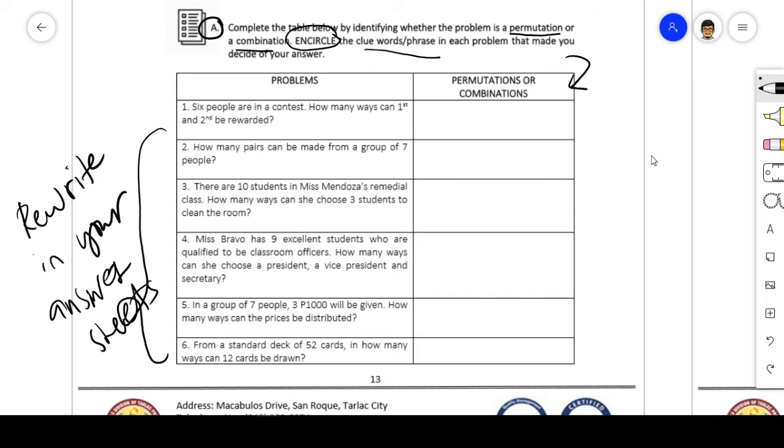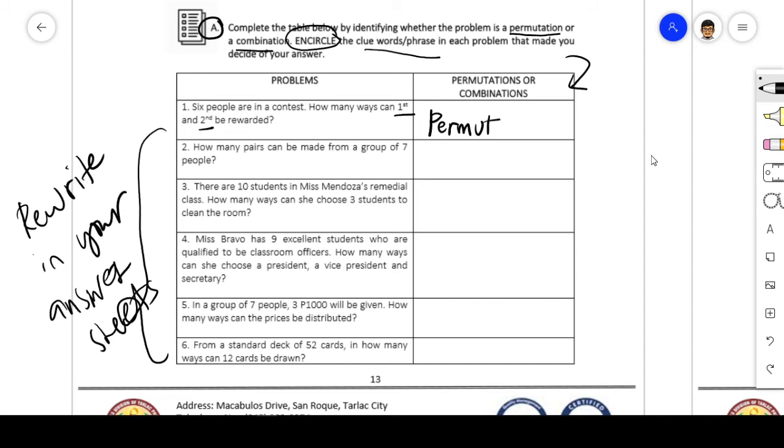So, you are in a contest in which you have to identify the first and the second. Correct? So, if you observe the keywords first and second, they signify rank. Correct? And rank is for permutation. So, the scenario for number 1 suggests permutation.